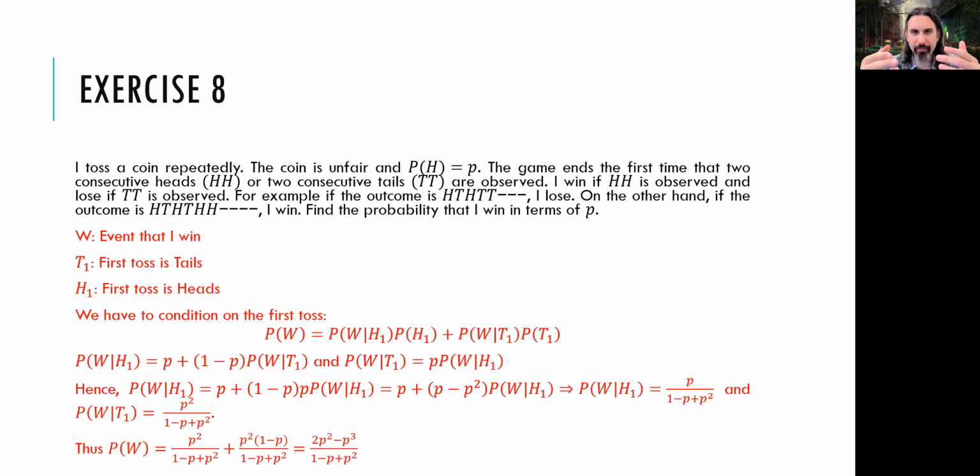I get a tail. Think about it like this. There are 2 different scenarios: we start with a tail, or we start with a head and then get a tail. In both of these scenarios, I'm going to flip again, the second time here, the third time here. Is there a difference between those 2 for my probability to win?